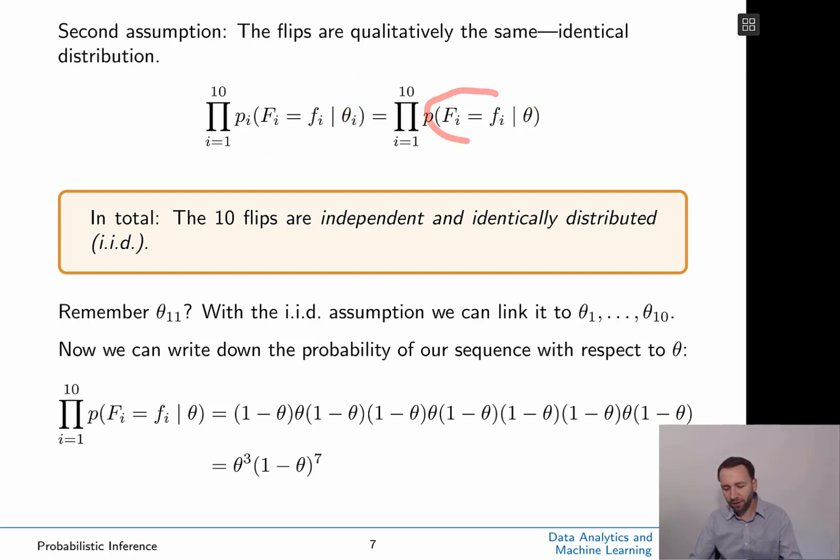Because every coin behaves the same. It's the same coin, or equivalent coins, so to say. We can say all follow the same Bernoulli distribution with the same parameter. So if the first outcome is a Bernoulli with 30% tail and 70% head, then also for the second one, 30% tail and 70% head, and so on and so forth.